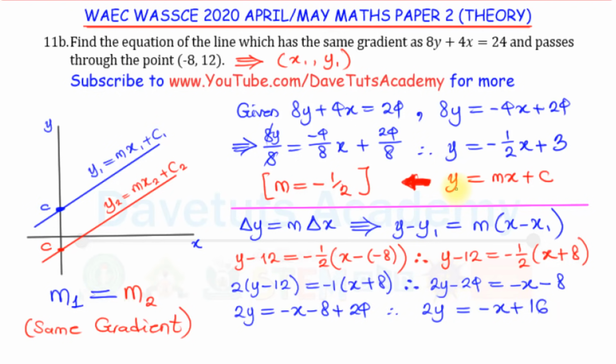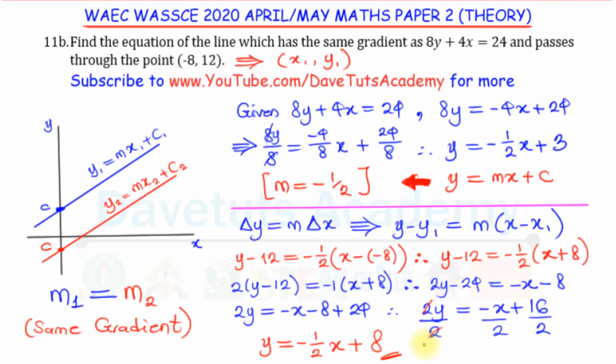I want to write it in such a way that we will express it just like we expressed the first one, and to do that we can just divide each of the entries by 2, and if we do that, that means here these two can cancel, so we have y is equal to minus x over 2 is the same as minus 1 over 2x, okay? Then 16 over 2 is 8.